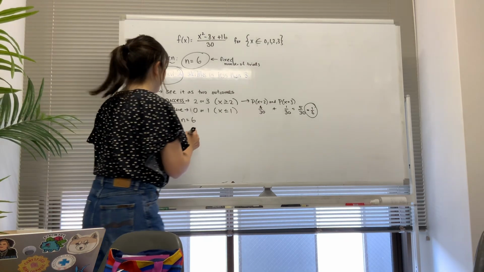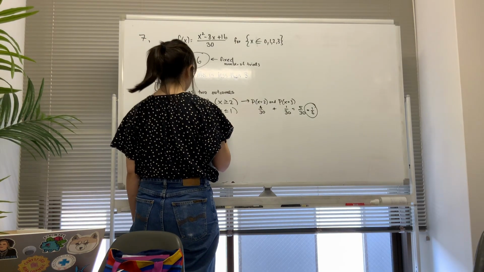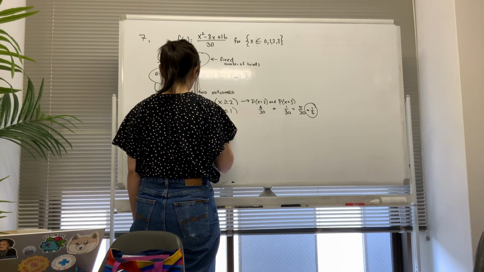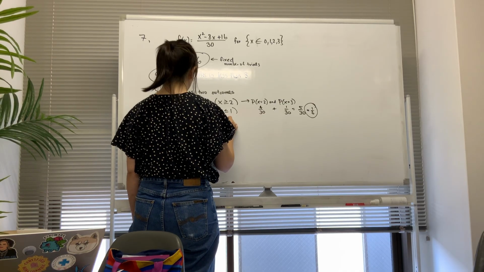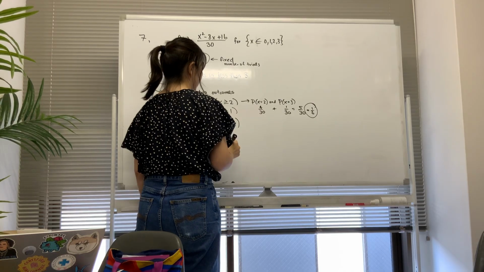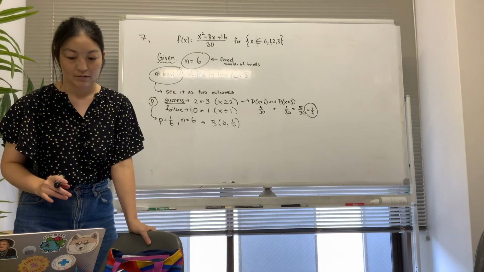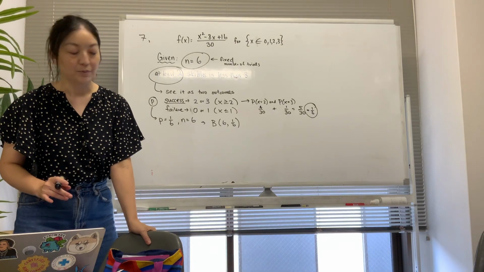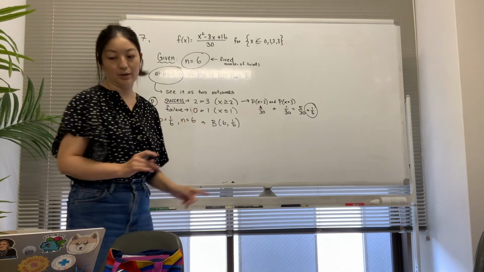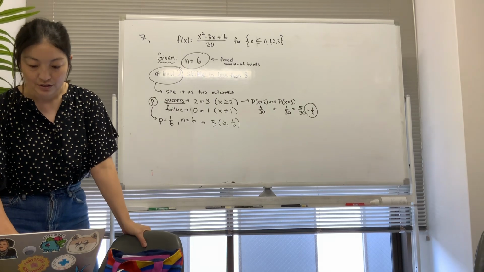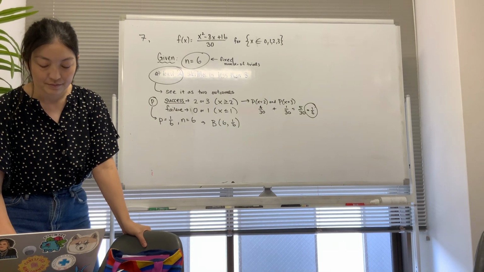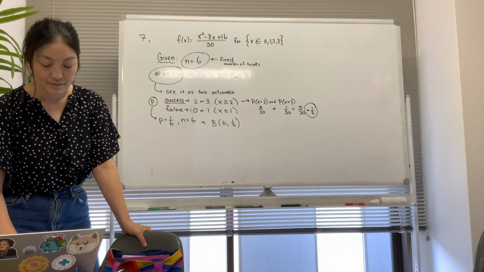So we now have our binomial, like you can graph this, right? The binomial is 6 trials at a 1/6 rate. That means the number of times that it will be either a 2 or a 3, successes.